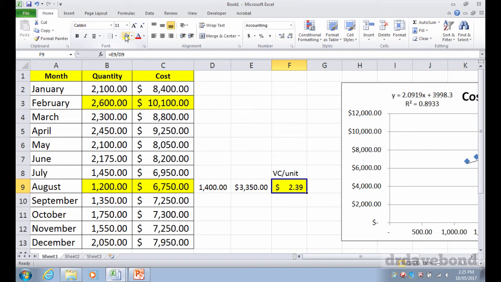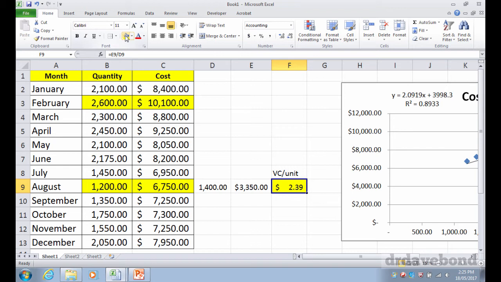I'm going to use the low quantity because we're already down there. So for the low total cost, column C is 6,750 equals total fixed cost plus variable cost, which is 239 times the number of units. We know the number of units is 1,200 units.